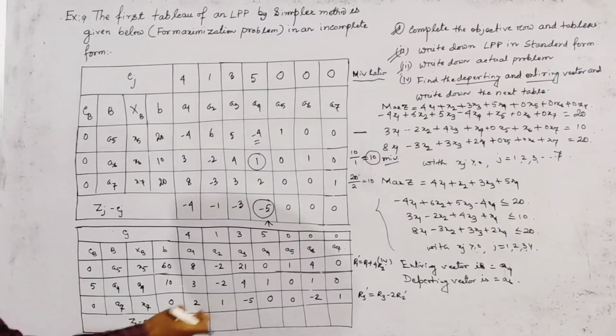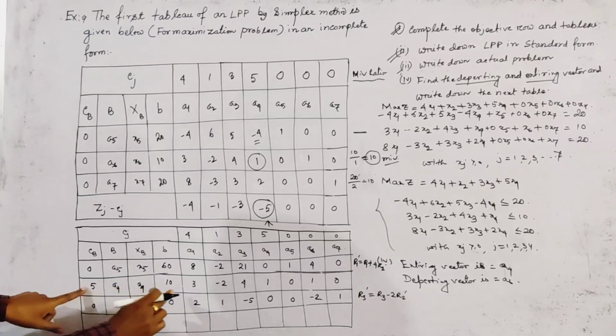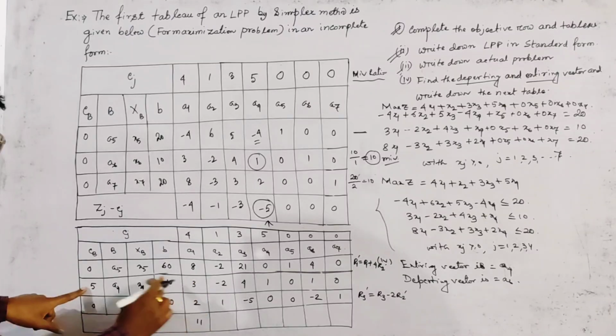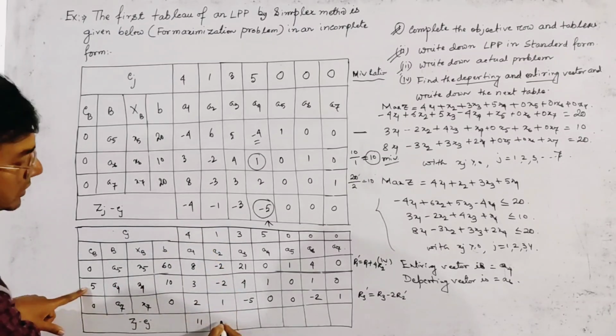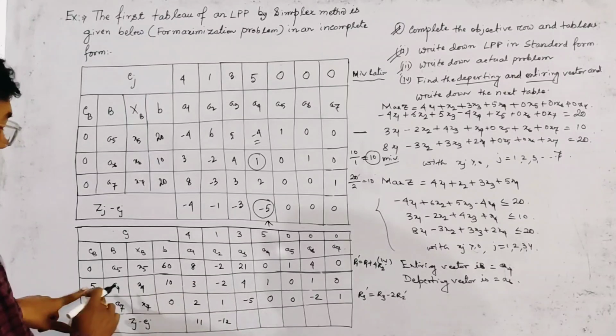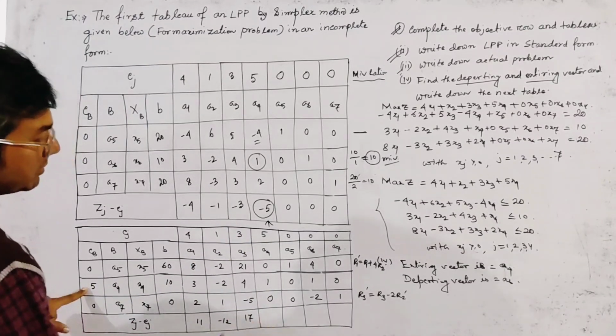Now we fill the net evaluation row. The net evaluation row is given by 0, then 15 plus 0 minus 4, this is 11. This is clearly minus 10 minus 1, which is minus 12. And this is 20 minus 3, which is 17.